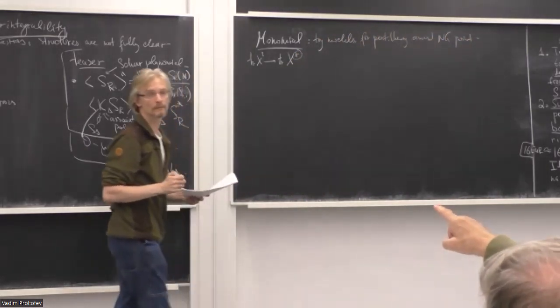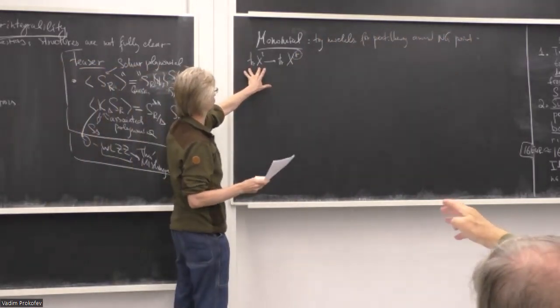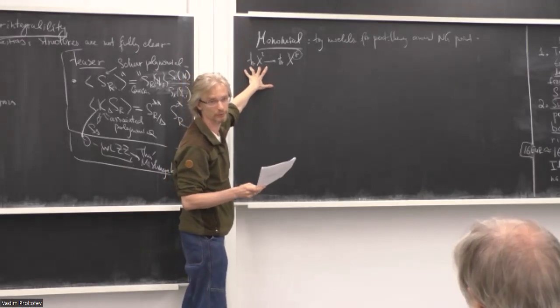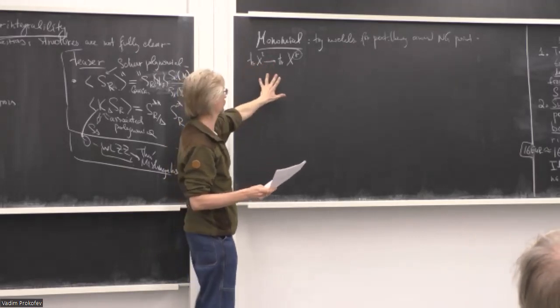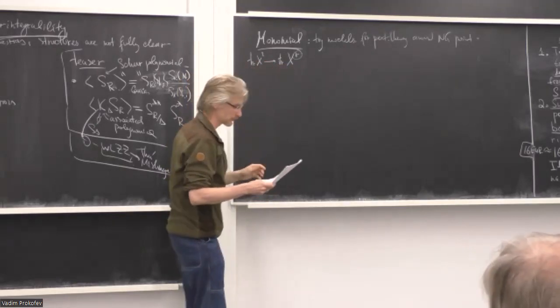So for the usual Gaussian, for the Hermitian Gaussian matrix model, the potential is trace x squared, and for monomial, the potential is also simple, trace x to the r over r.